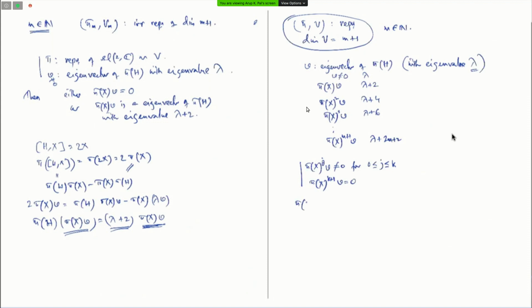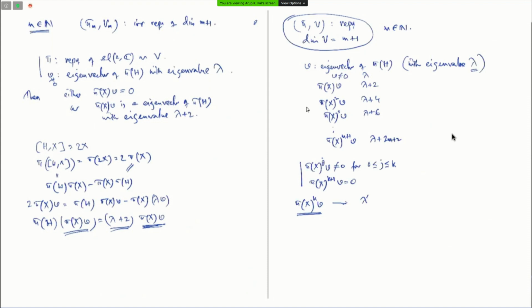So in that case, you look at this, an eigenvector corresponding to eigenvalue something. Let's say lambda prime. I think the original lambda will not matter, so let's write lambda prime.